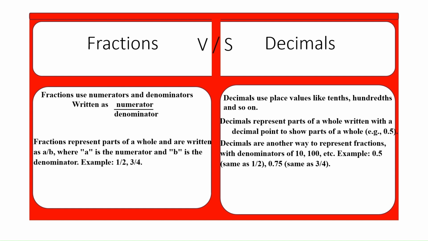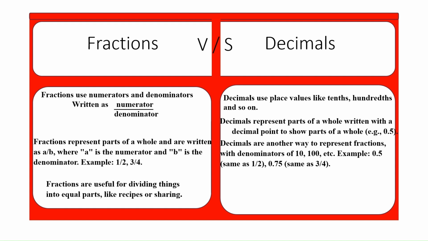Decimals represent parts of a whole, written with a decimal point. Example: 0.5. Decimals are another way to represent fractions with denominators of 10, 100 and so on. Example: 0.5 is the same as 1 by 2 and 0.75 is the same as 3 by 4.